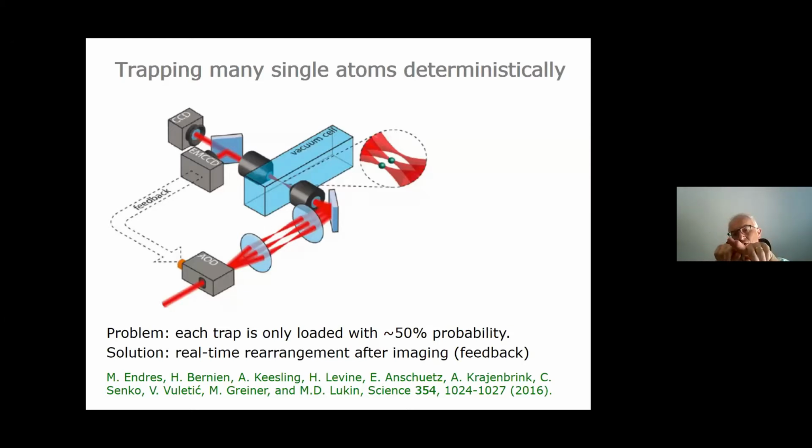So if the traps are too close together, then you get a beat note that is seen by the atoms, which acts as a modulation force on the atom that heats the atoms. So we find that when we go closer than about 0.5 megahertz or so in frequency, corresponding to about 2.5 to 3 microns in distance, then we see a strong heating of the atoms because of the interference of the laser beams.